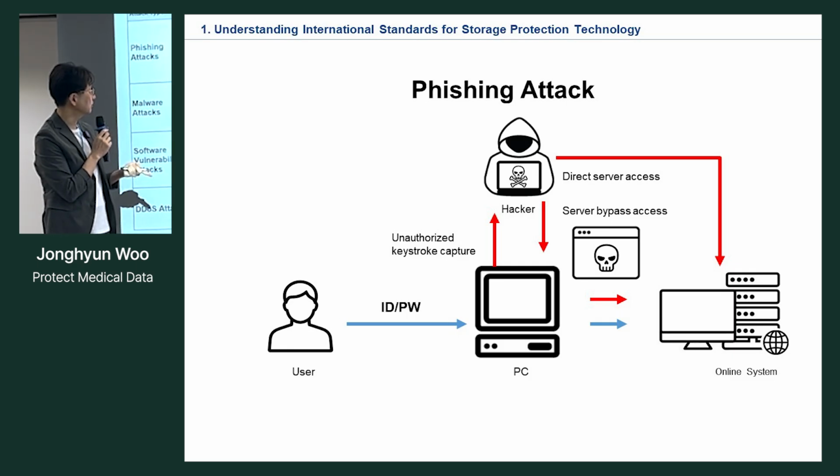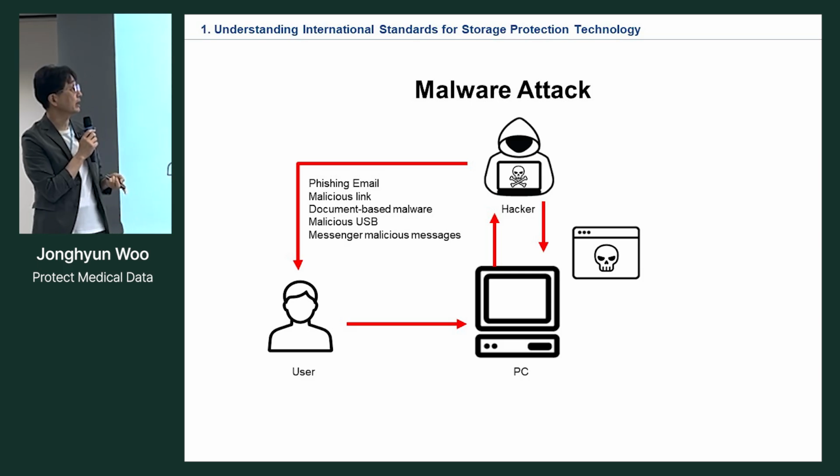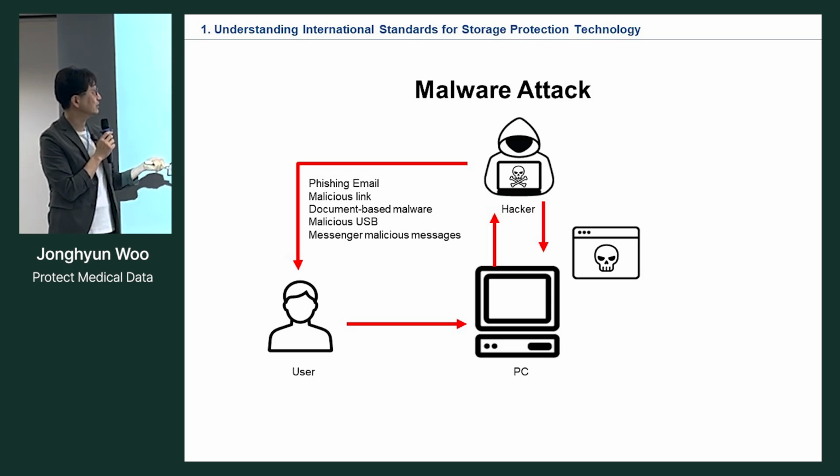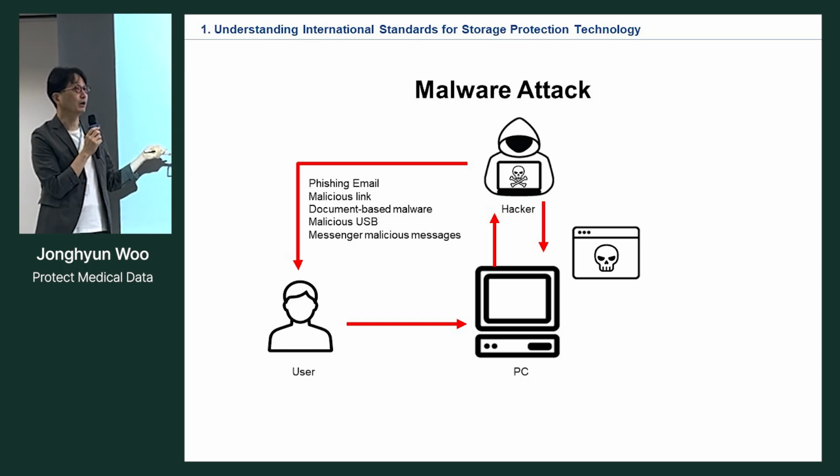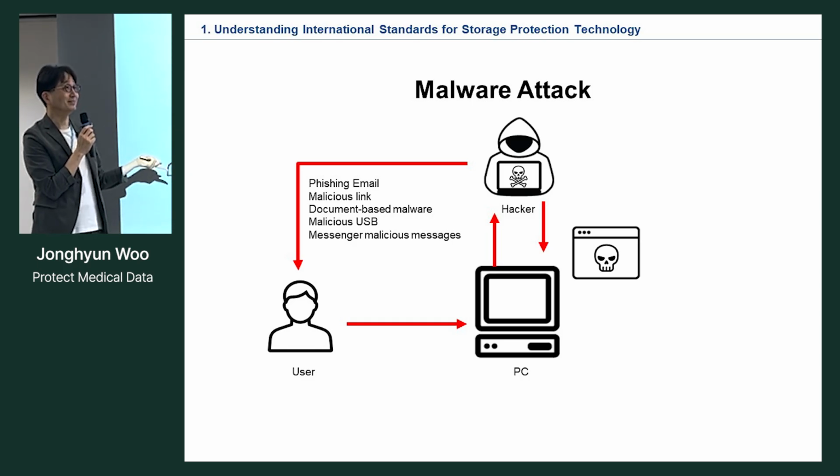That's account takeover. The second is the malware attack. While we are using email, clicking a link, or opening an Office file, our PC can easily download malware, and in the end the malware can run on our PCs and servers.